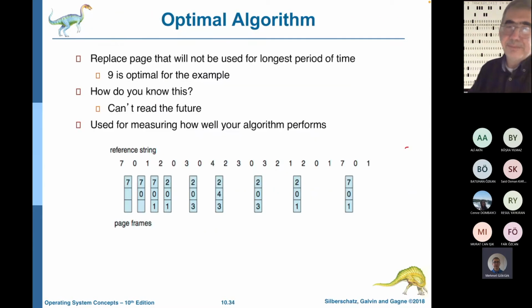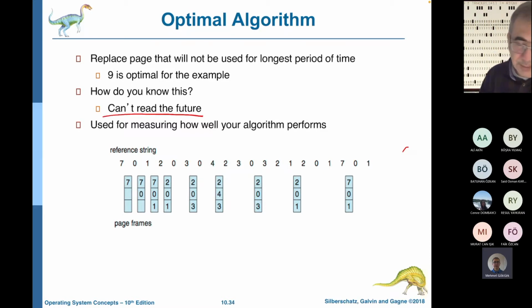Optimal algorithm. What is the optimal algorithm? Optimal algorithm can only be determined after the request has come. So it cannot be used by an actual algorithm. It can be used by you to analyze, because we cannot read the future. We can only read it on the past data for analysis.